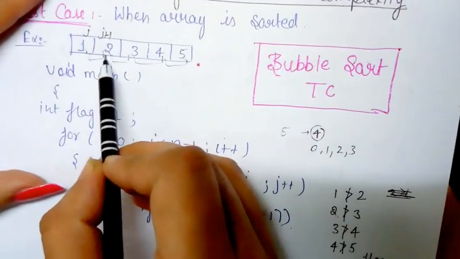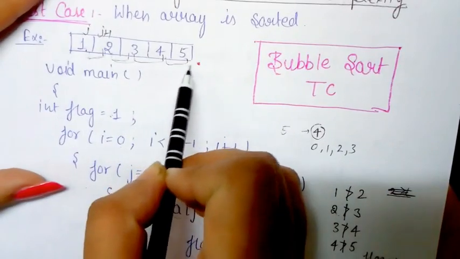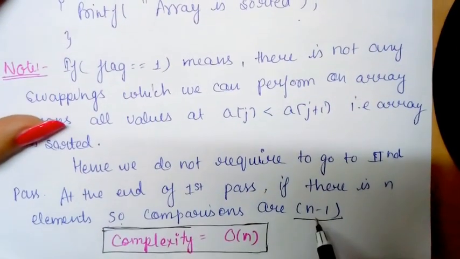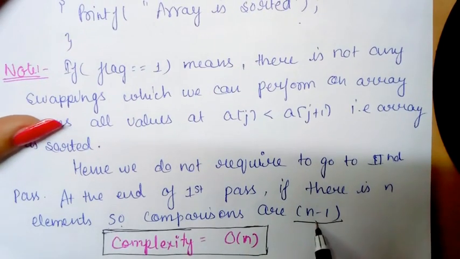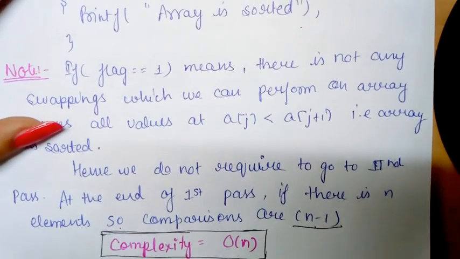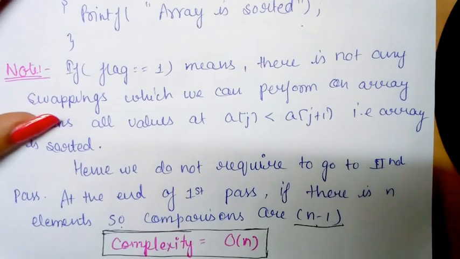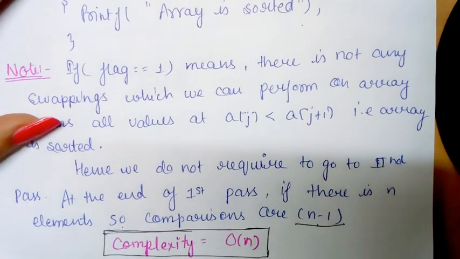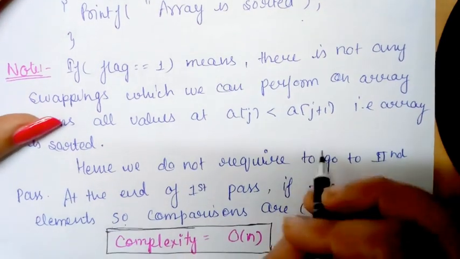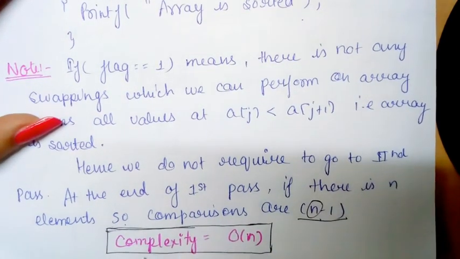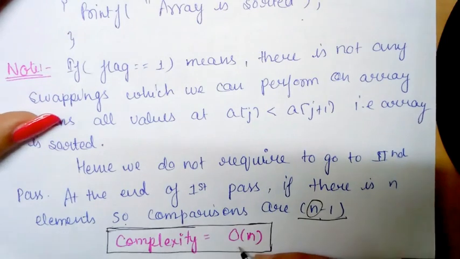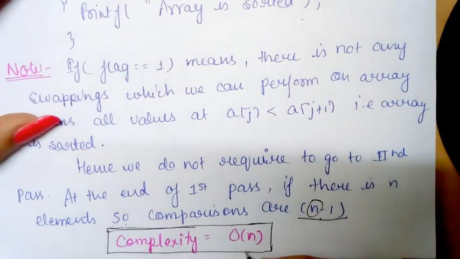If there are 5 elements, there will be 4 comparisons. Since we are not going to pass 2, 3, 4, because at the end of pass 1 we know all the elements in the array are sorted, the best case time complexity for bubble sort will be big O of n.